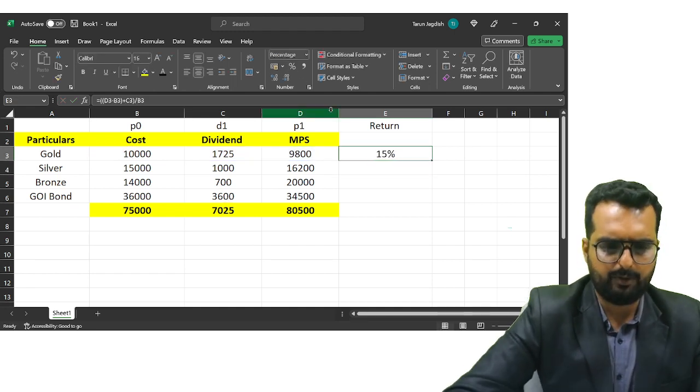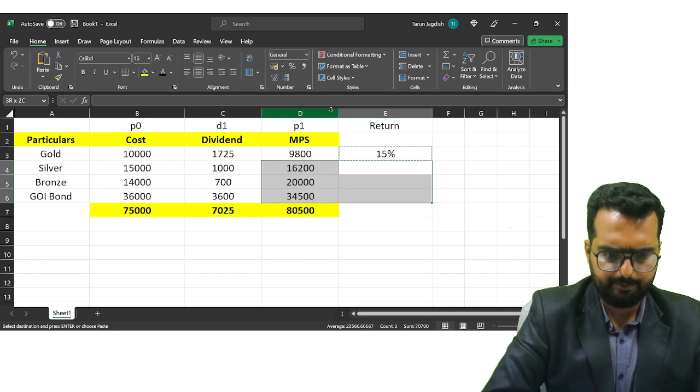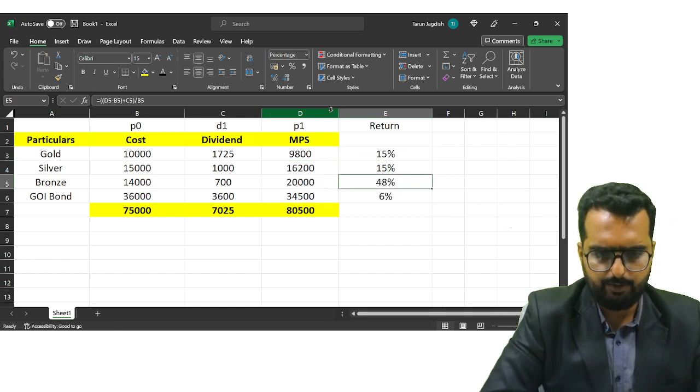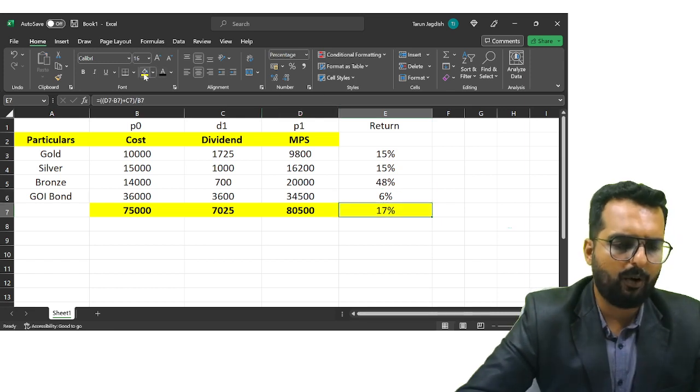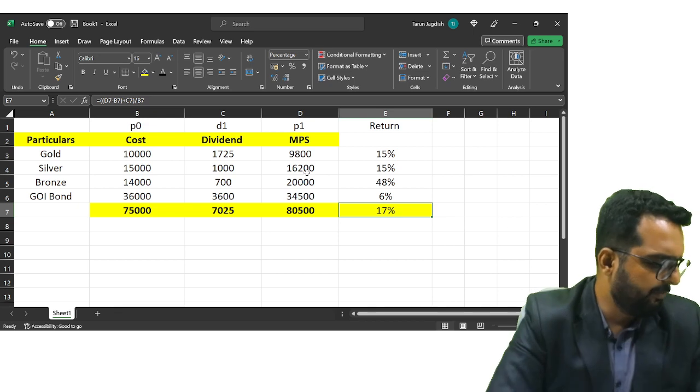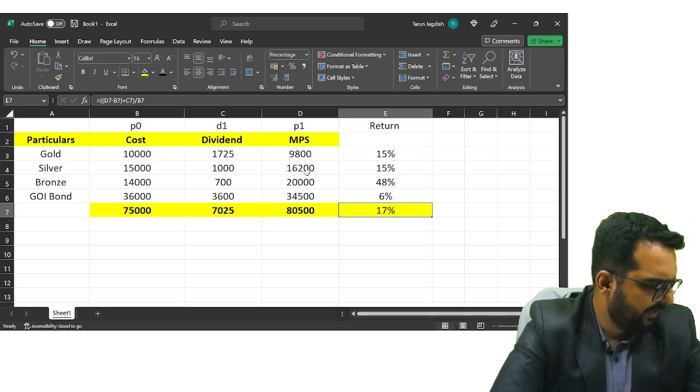So do I get the answer as 15% over here? 15, 15, 48 and 6. Overall, what will be my answer that I'll get over here? 17% is my overall return. So this is going to be my part 2.